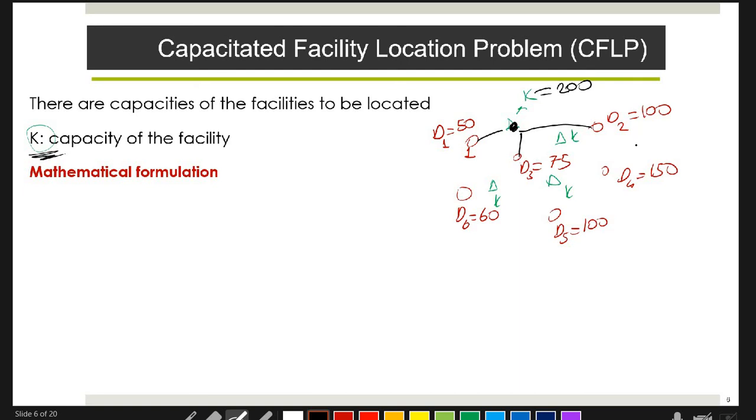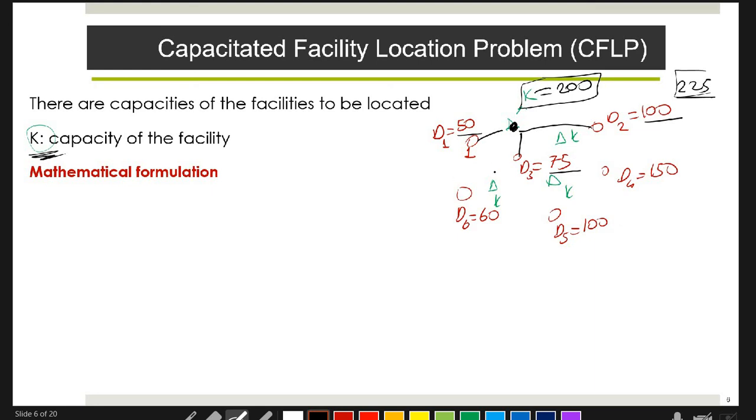If I completely assign them to this facility, not a proportion, I am trying to satisfy all that demand, then look, 100 plus 75 plus 50 makes 225. But the capacity of my facility is 200. So it is impossible to satisfy all demand of these 3 customers.